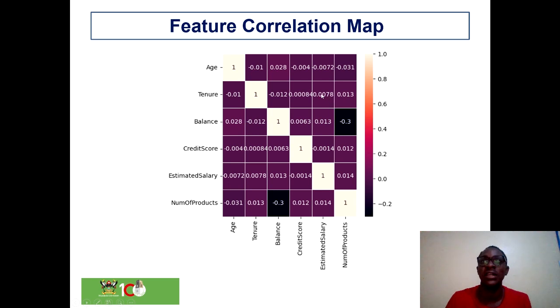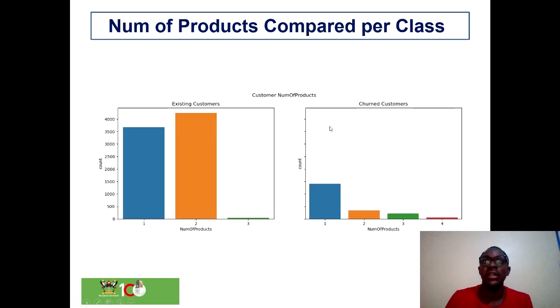So there's a very low correlation score between different features, meaning that our features are most probably all important to include in the modeling.